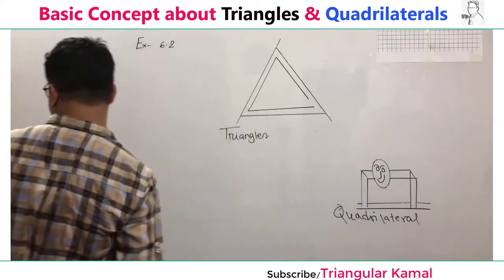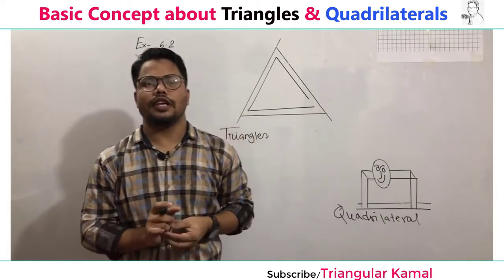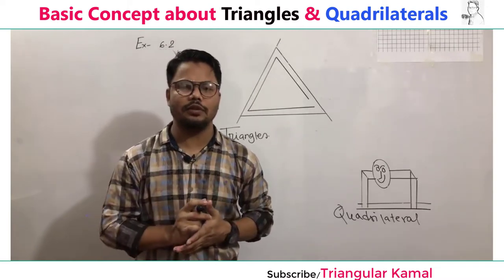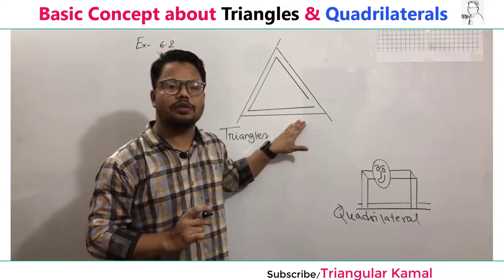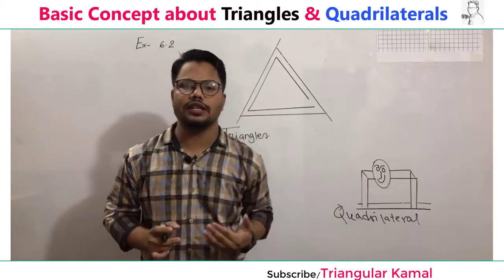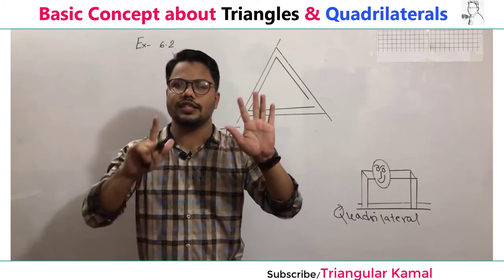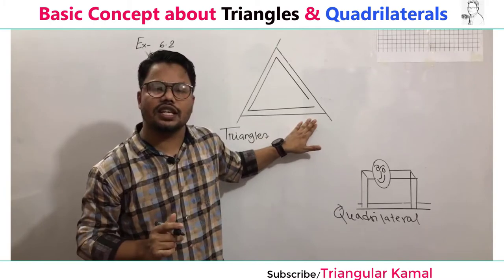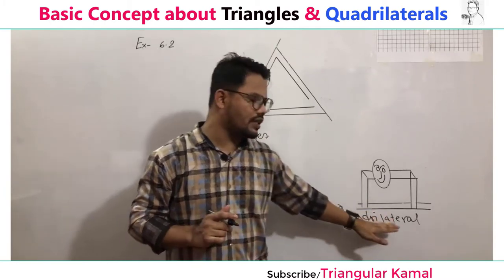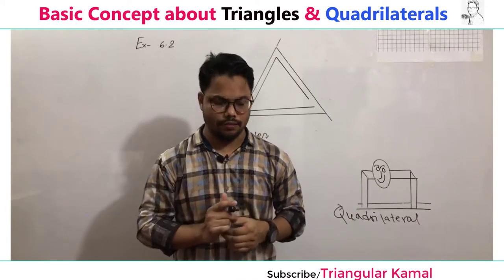This content, you have already learned in the previous classes: different types of triangle according to their sides and according to their angle. There are total 6 types of triangle. After completing the basic discussion on triangle, we will discuss the quadrilateral. Then we will formally start exercise 6.2.